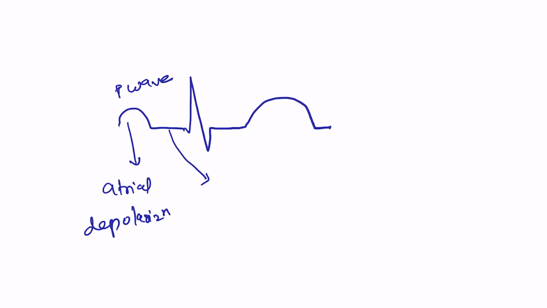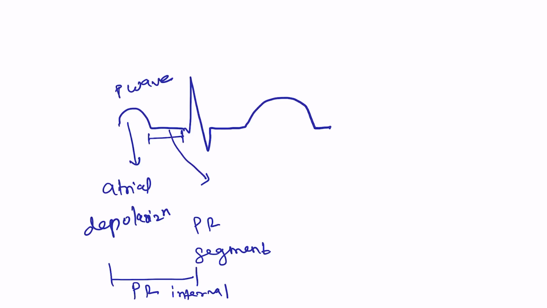This is the PR segment, and this whole thing is the PR interval. The PR segment is mainly for atrial repolarization, and more importantly it is because of the AV nodal delay.